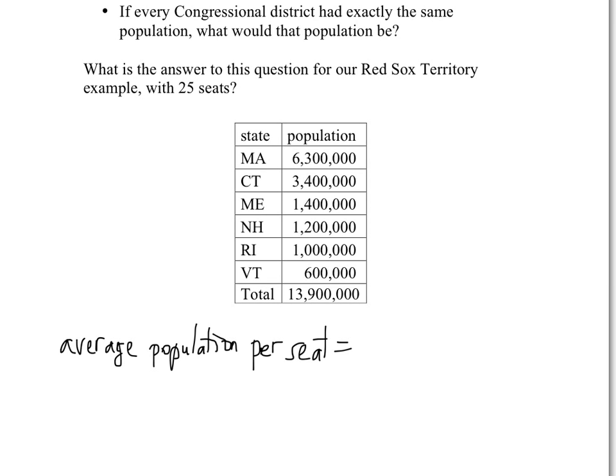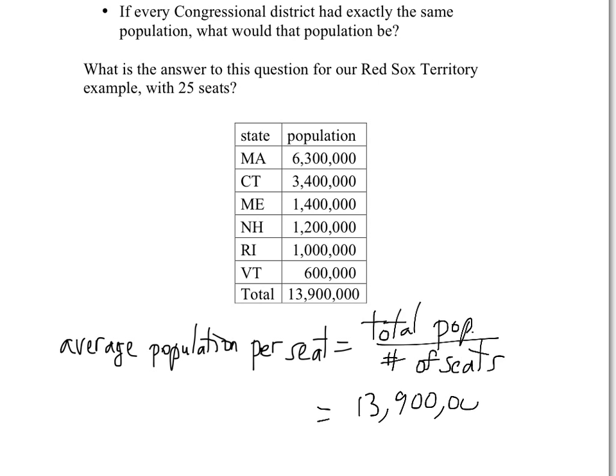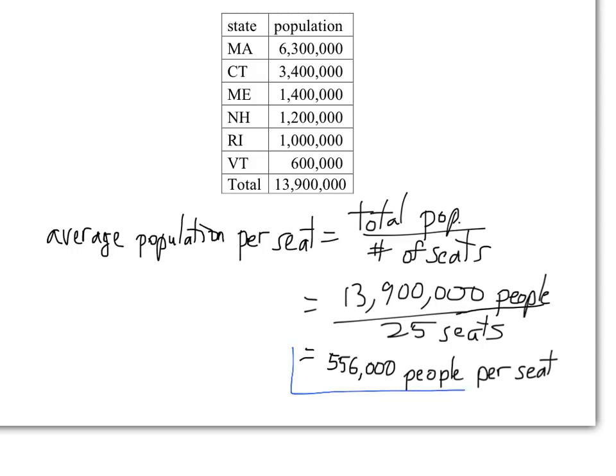The average population per seat is the total population divided by the number of seats. That equals 13.9 million divided by 25 seats, and that works out to be 556,000 people per seat.